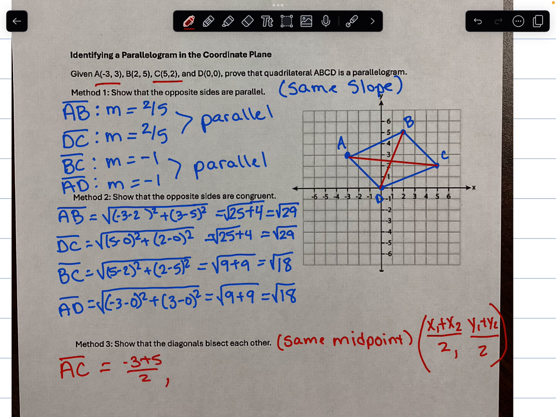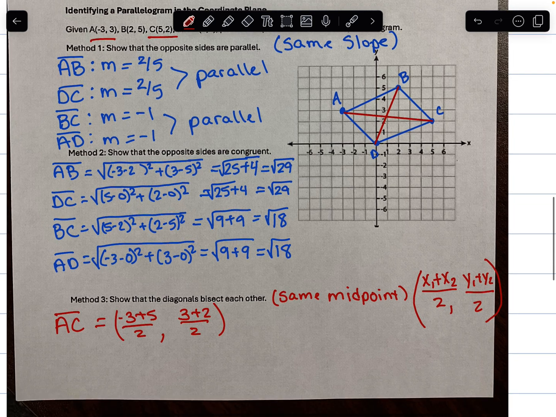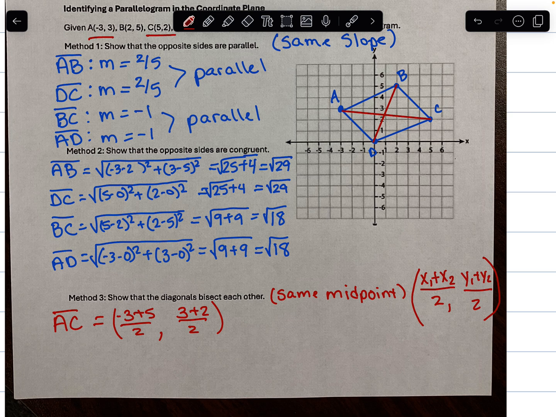What about for y? 3 plus 2, take half. Okay, so what's -3 plus 5? 2. And then 2 divided by 2. 1. What's 3 plus 2? 5. Half of 5, 2.5.